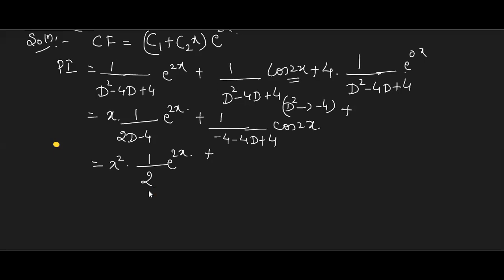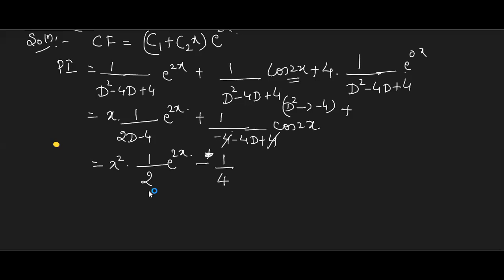Just see what is the simplification here. What can you simplify here? Cos 2x upon minus 4. Yes, plus 4 minus 4 cancel, so the remaining is minus 4d. So you can write minus 1 by 4.